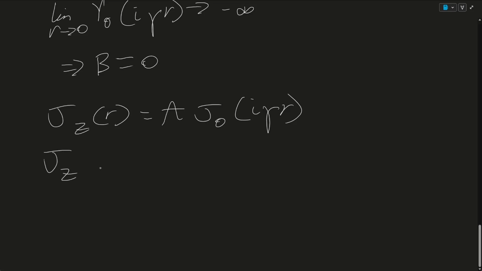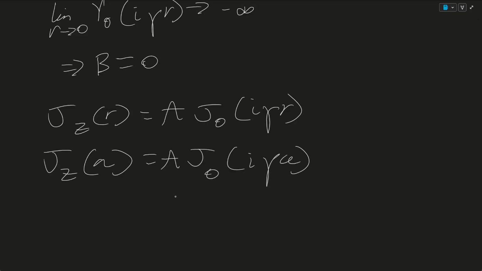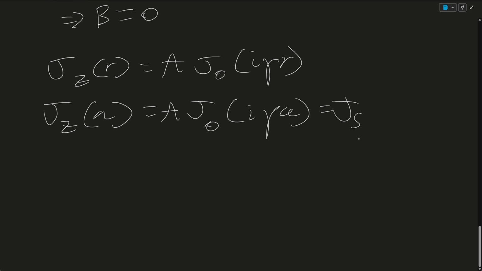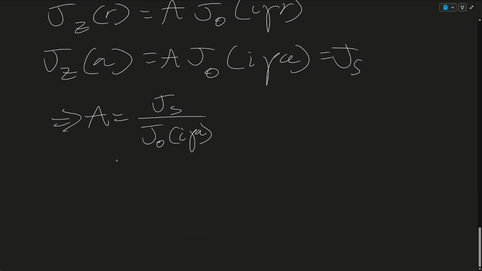So Jz of a is equal to A J0 of i gamma a, which is just Js, which is the current density at the surface. And from this, big A is equal to Js over J0 of i gamma a. Cool.